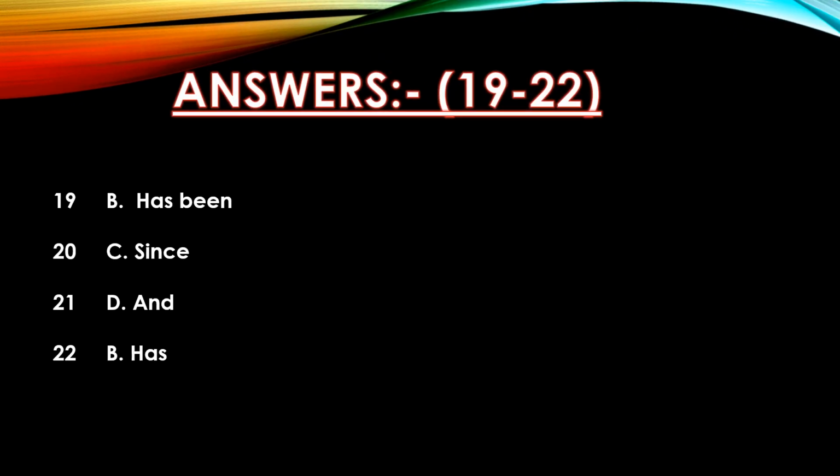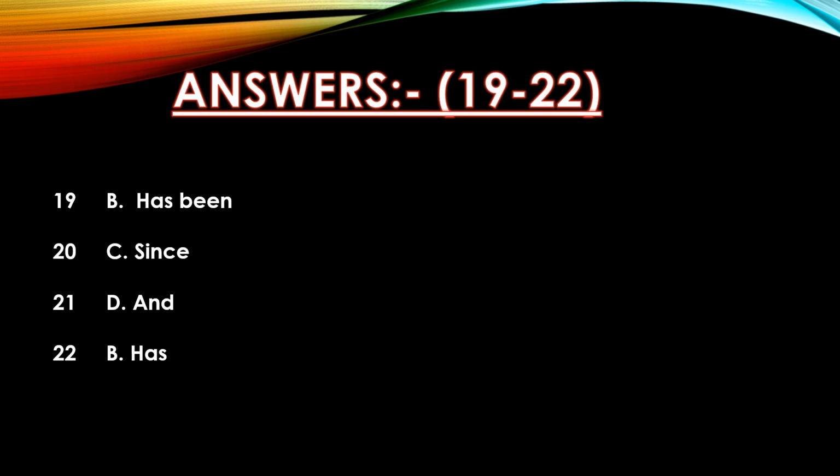Answers for the cloze test. Among those different options, the answer for the 19th question is B, has been. For the 20th question, C, that is since. For the 21st question, D, and for the 22nd question, the answer is B, that is has.